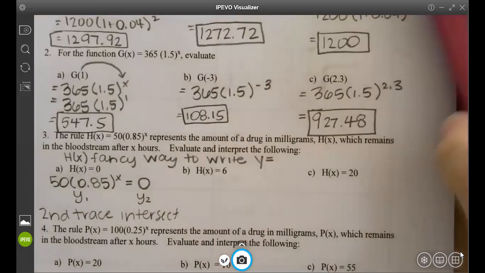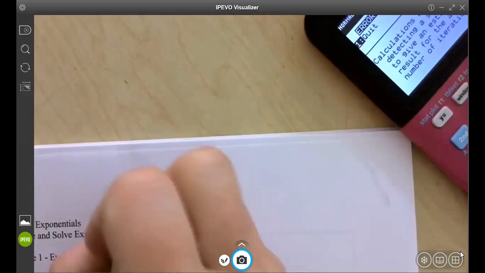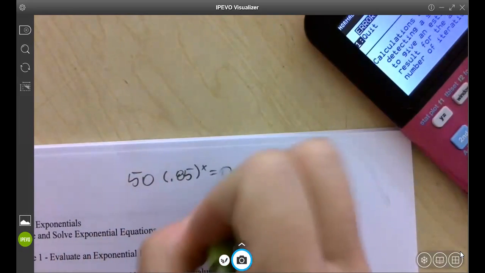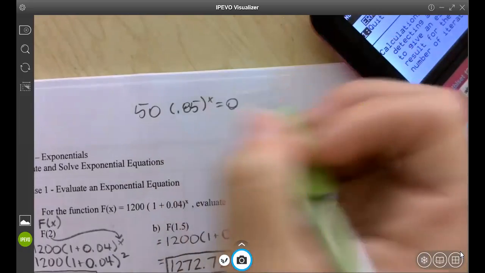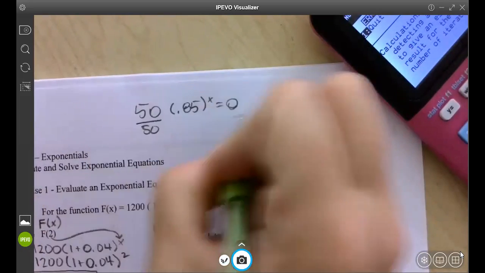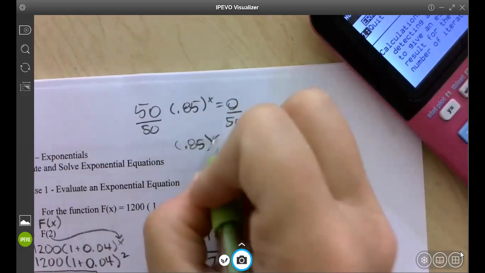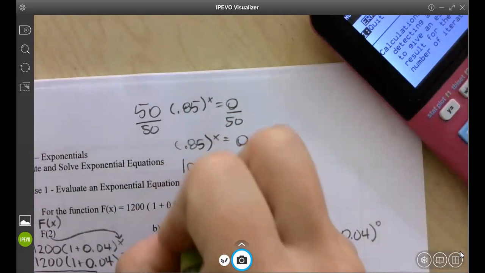Let me show you what happens when I actually solve it. Ignore the fact that I'm showing you how to solve equations, okay? So look here. We have 50 times 0.85 to the x equals 0. To solve this, we're going to divide by 50. You don't have to do this. This is math 3. I'm not expecting you to do it in your homework either. I just want to show you what happens. We have to use logs.